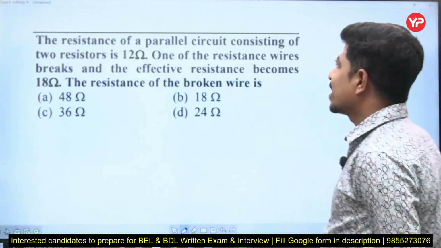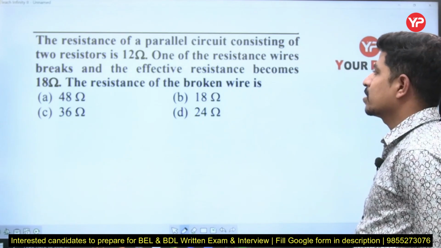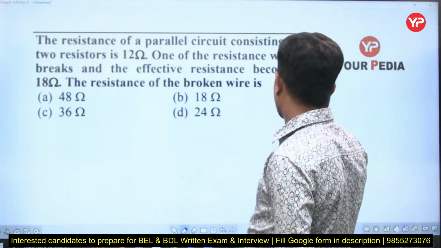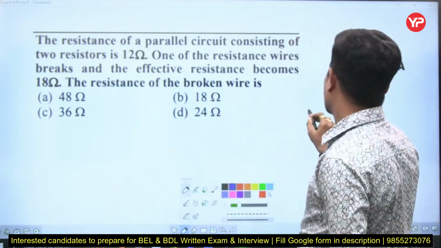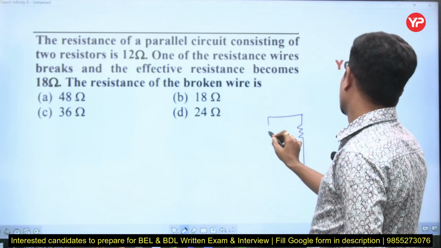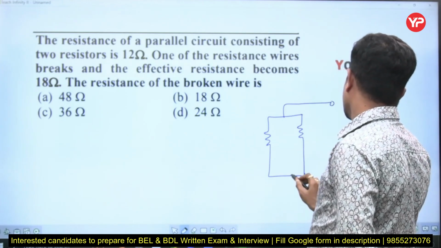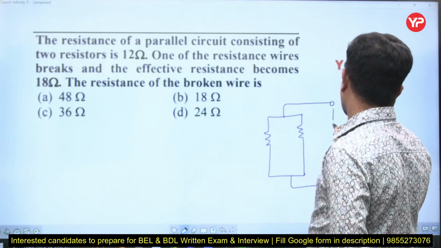Then the resistance of a parallel circuit consisting of two resistors is 12 ohms. See, there are two parallel resistances, and its equivalent is 12 ohms.